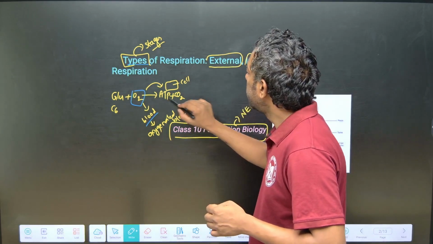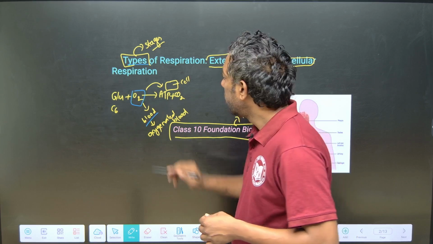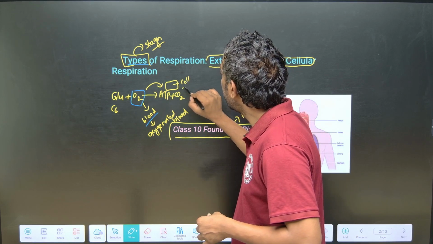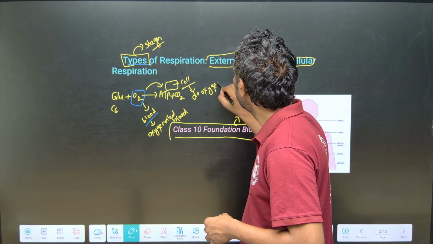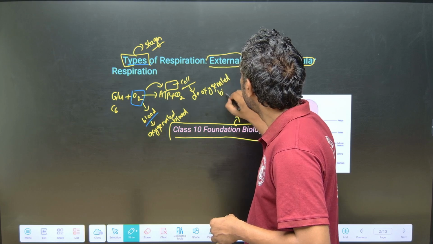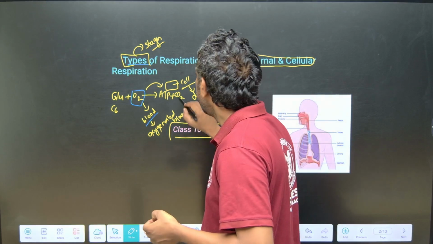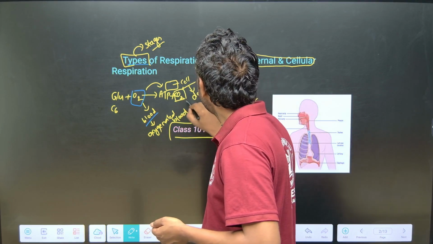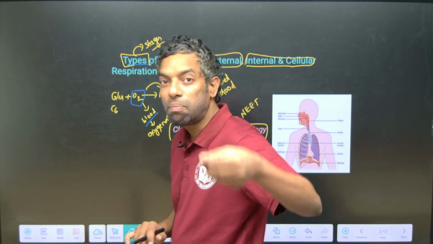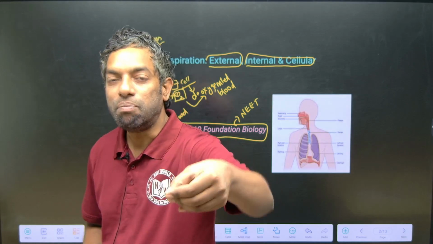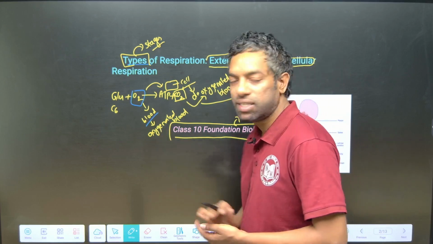When the oxygenated blood reaches the cell, it turns into deoxygenated blood. How is that done? The carbon dioxide dissolves in the blood plasma and is carried forward through the blood cells also. This is about deoxygenated blood and oxygenated blood.